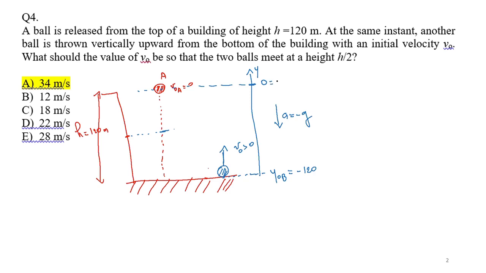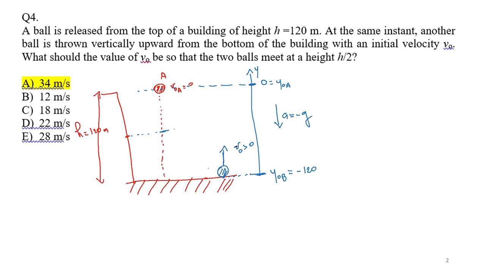So here, y naught A, the initial position of ball A, is 0, because I took it as my initial point, right? So ball B at t equals 0 is at minus 120, below my origin of position. Okay, good.